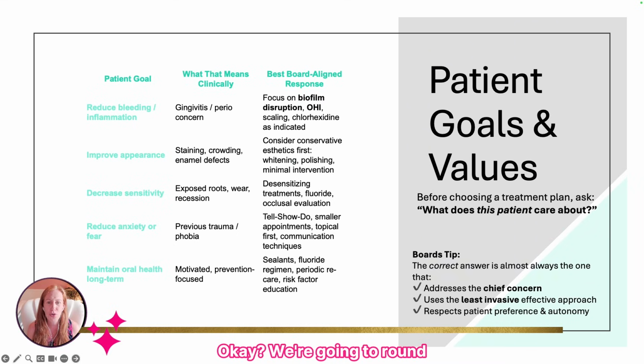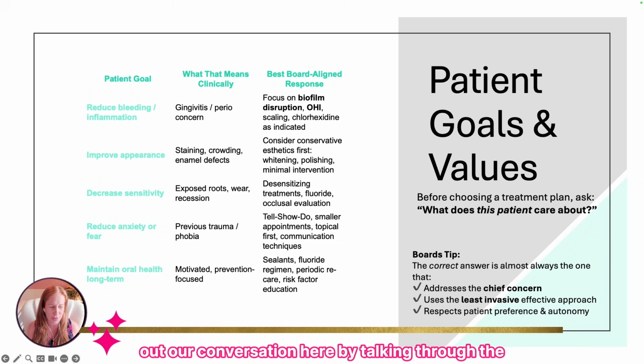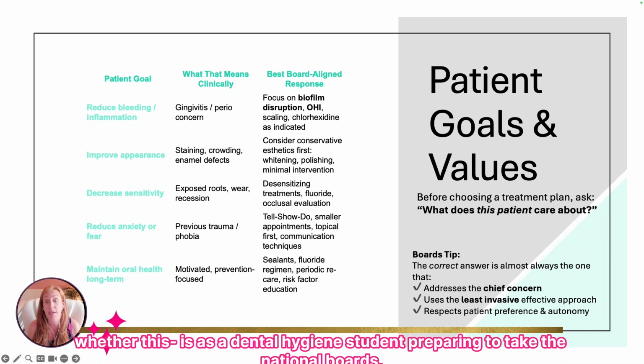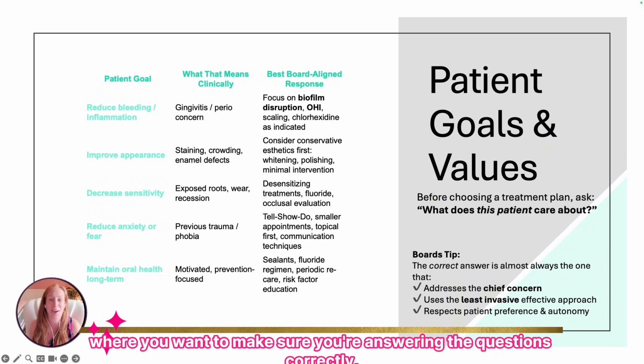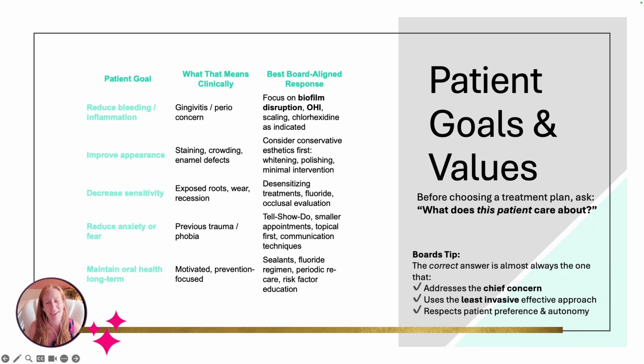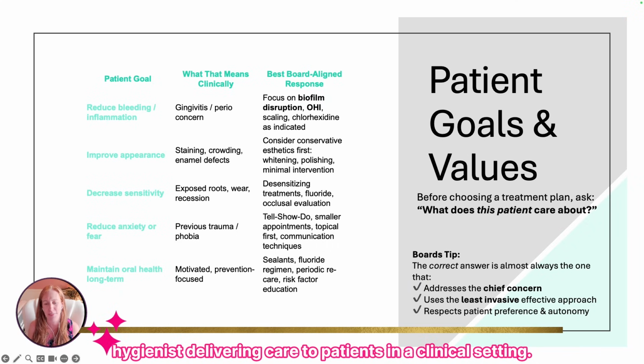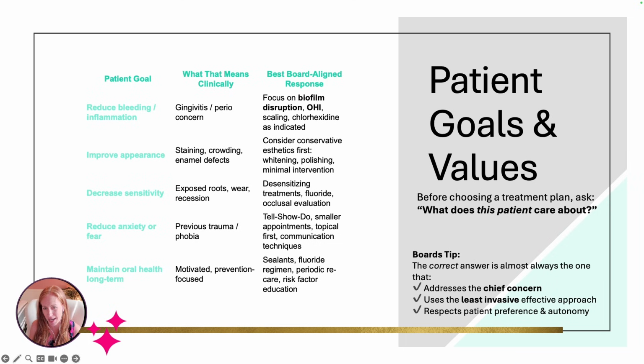We're going to round out our conversation here by talking through the cornerstone of how we should be approaching patient care, whether this is as a dental hygiene student preparing to take the national boards where you want to make sure you're answering the questions correctly, or whether you are a practicing clinical dental hygienist delivering care to patients in a clinical setting.